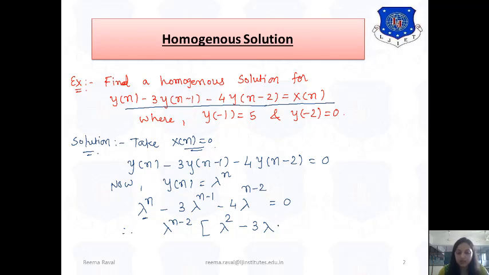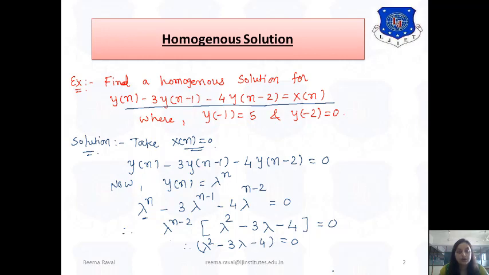Okay, so this will be minus 3 lambda minus 4, because here we have taken lambda raised to n minus 2 common, right? So this will be equal to 0. Okay, so now this will go to this side, making it 0. So the next will be lambda square minus 3 lambda minus 4 equals 0.